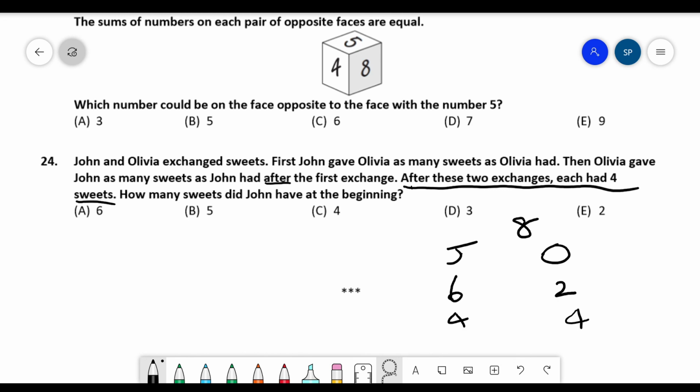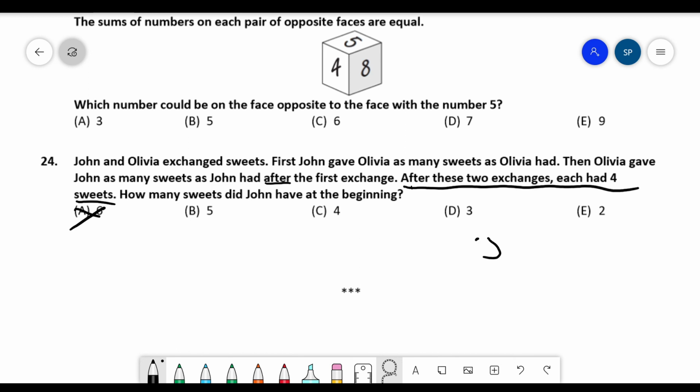Then Olivia would give John as many as he had after the first exchange. Since John has 4, Olivia would give John another 4, which means John would have 8 and Olivia would have 4. That is different, because they both have to have 4, which means A is wrong.